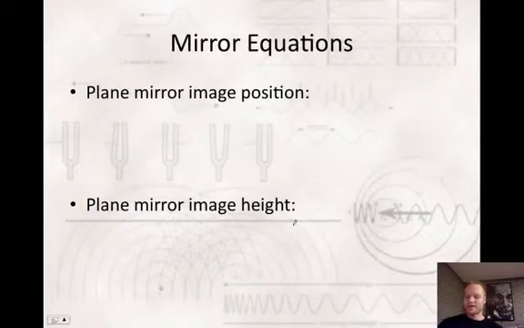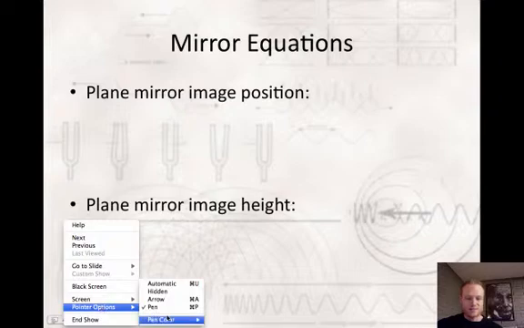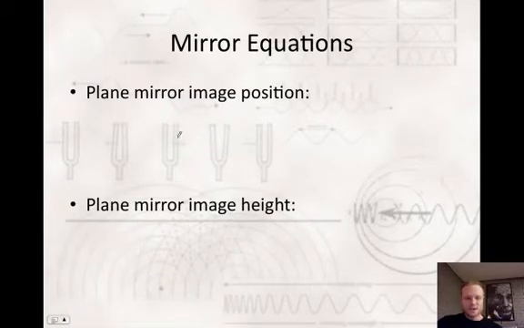So with these plane mirrors come some mirror equations for the image position. Okay, so the image position, how far is it from the mirror? It's real simple. Let me change colors because I feel like green is kind of hard to see. We have negative di equals do.